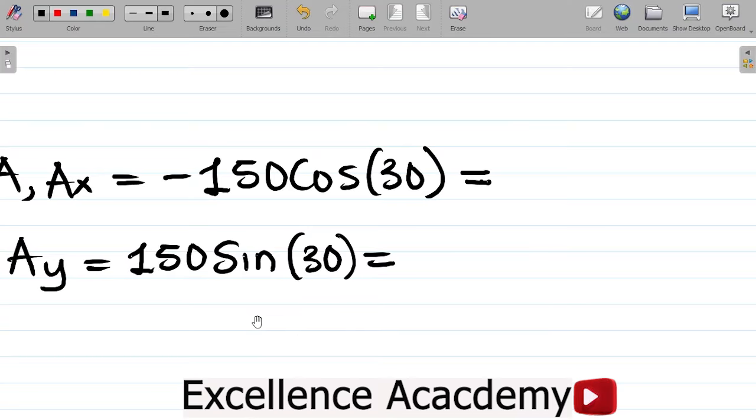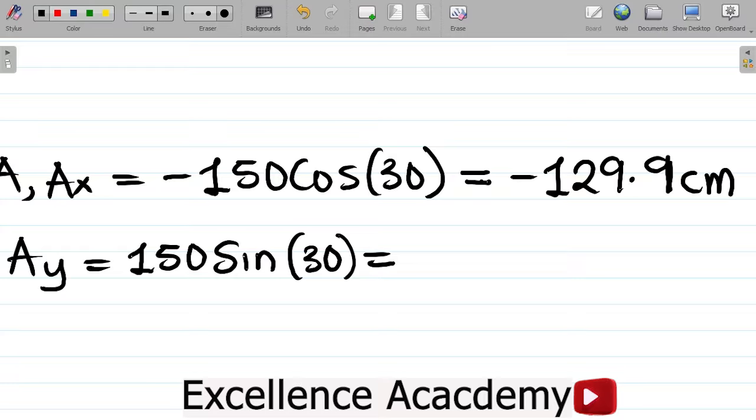All right, we're going to punch this value and see what we have. So I'll just get my calculator real quick. Punch minus 150 cosine 30 as well as 150 sine 30. If you punch this, you get about minus 129.9, using one decimal place. Now, the value of A we're given in centimeters, so this is in centimeters.